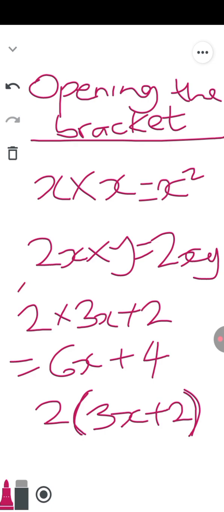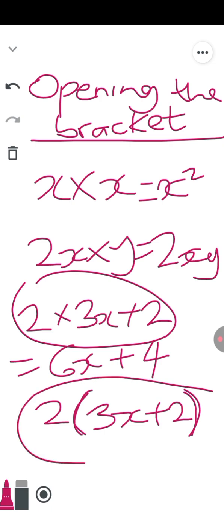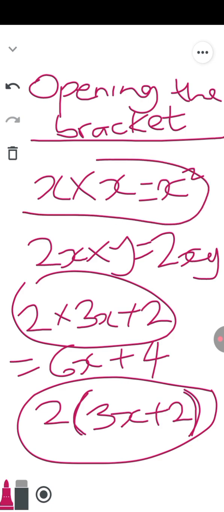So instead of writing it the other way, it's better you write it this way. That's what gives birth to brackets in mathematics. So we use brackets when you need to multiply terms that are a bit longer.